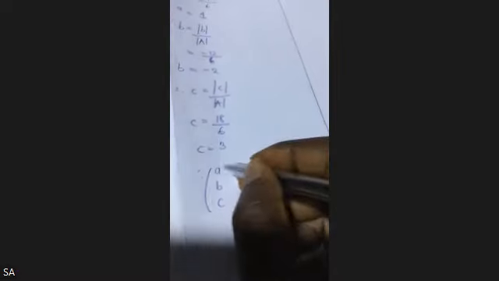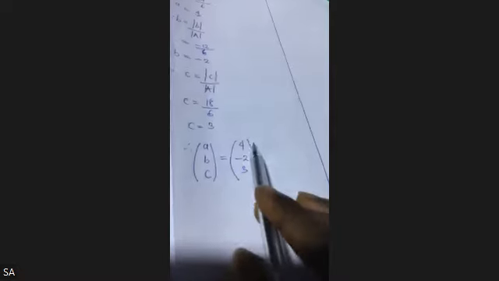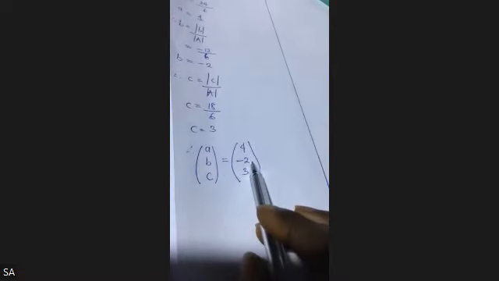So A, B, C that we are looking for: A is 4, B is minus 2, and C is 3. You have gotten your answer. You are done.